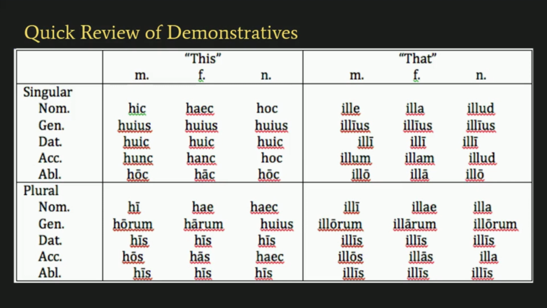So this is your full chart of this and that. And again, what you're seeing here is the masculine, feminine, and neuter forms, the gender, the cases, and then singular and plural, okay? One thing you'll notice is that for this, right, hic, haec, hoc, it's pretty unique. You're not really used to seeing endings like this. There's a few things that look familiar, but in general, it's pretty unique. When you go to the plural form, though, of this, you get hi, hae, haec.